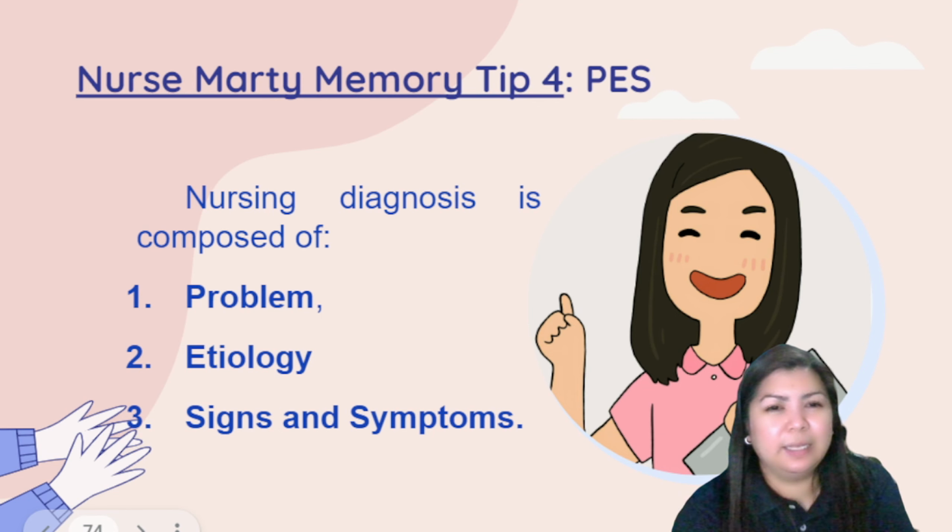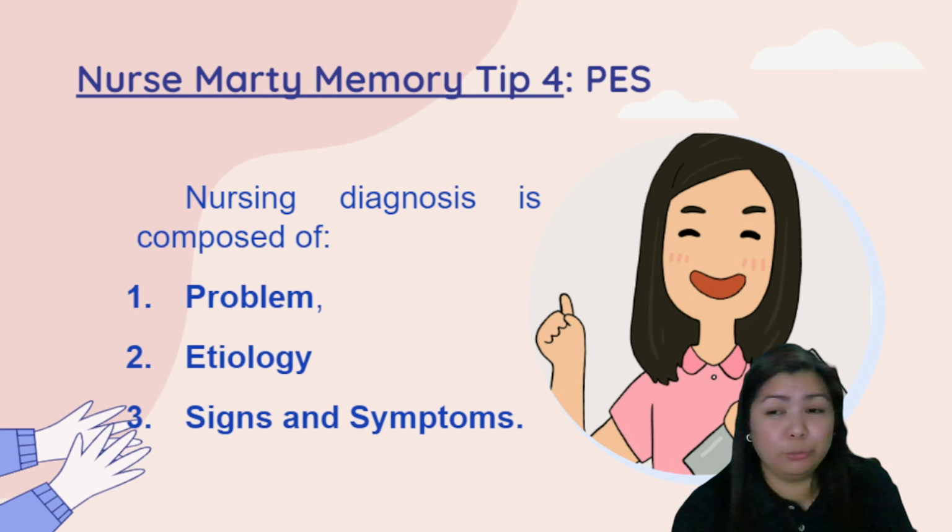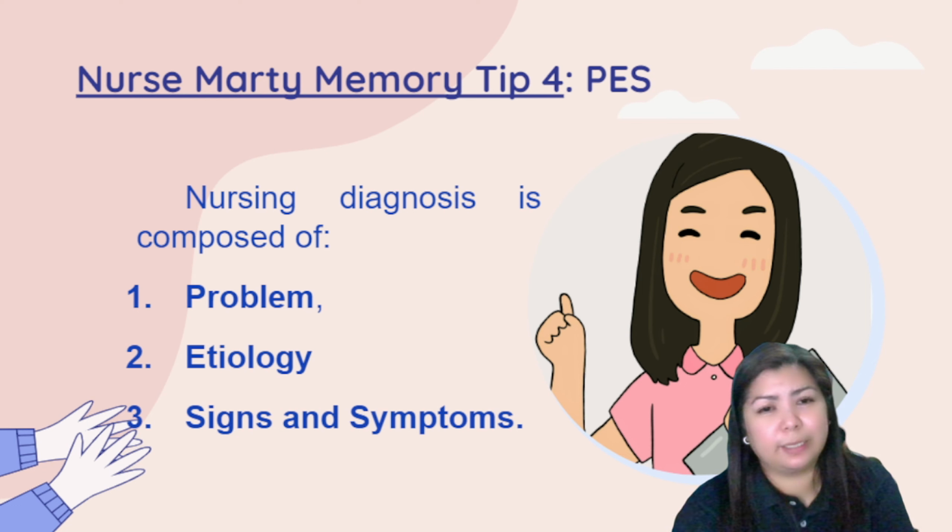Okay, so I think now you are ready to complete the nursing diagnosis column on your NCP template. Considering the case scenario that was given to you during our discussion after the assessment phase, you now write your nursing diagnosis following the template P plus E plus S. Okay, so see you next time when we discuss the planning phase and the intervention phase, and lastly, of course, the evaluation phase of the nursing process.